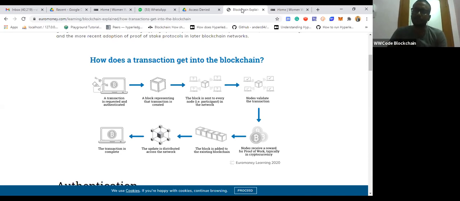It goes to other nodes called miners. They are the validators, and they calculate the puzzles and give the results.